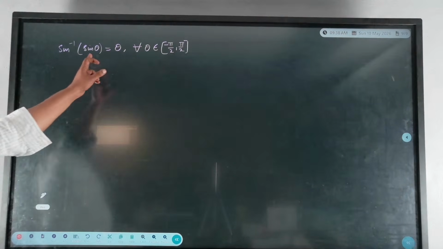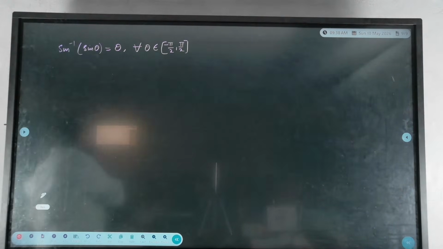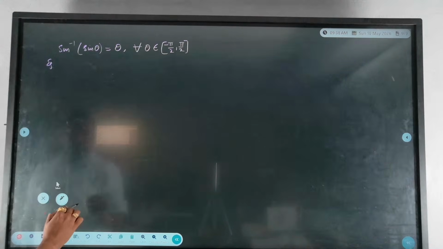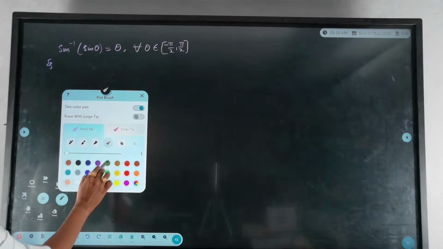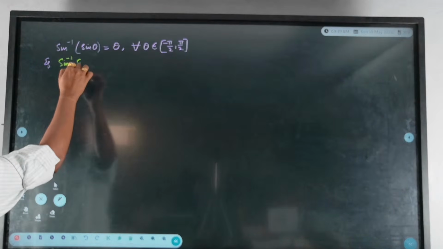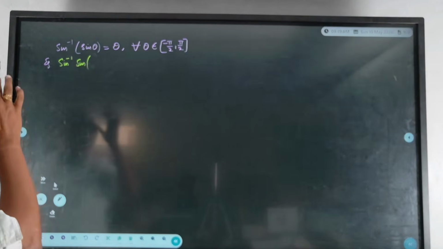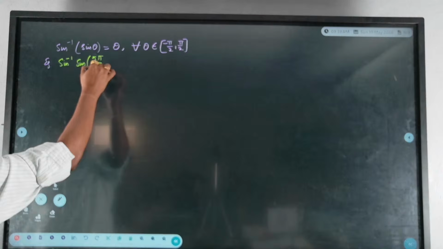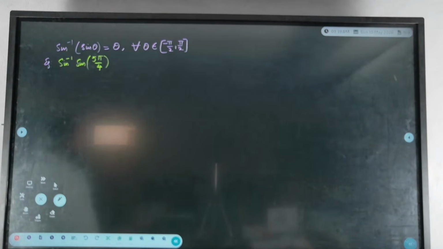So theta must be in the interval minus pi by 2 to pi by 2. For example, sine inverse of sine 5 pi by 4. What is its value?